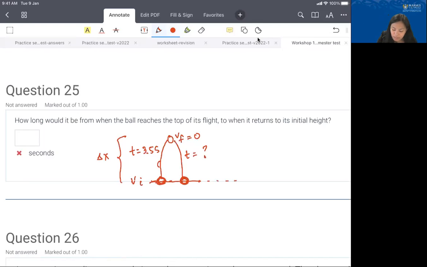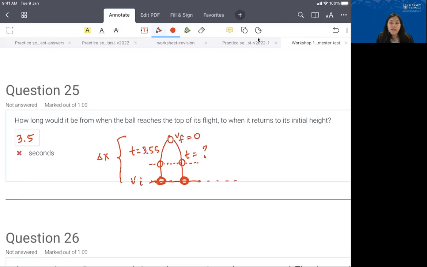As long as the ball is at the same height going up and going down, it's symmetrical. When the ball is here, the motion of the ball will be the same as when the ball is here. So the time it takes to go back down will also be the same time it takes to go up to the maximum height, 3.5 seconds.